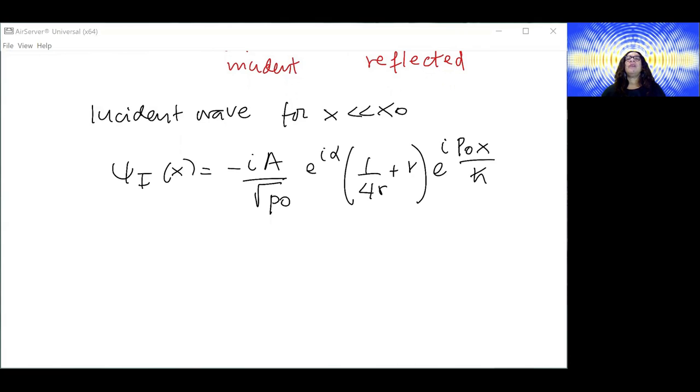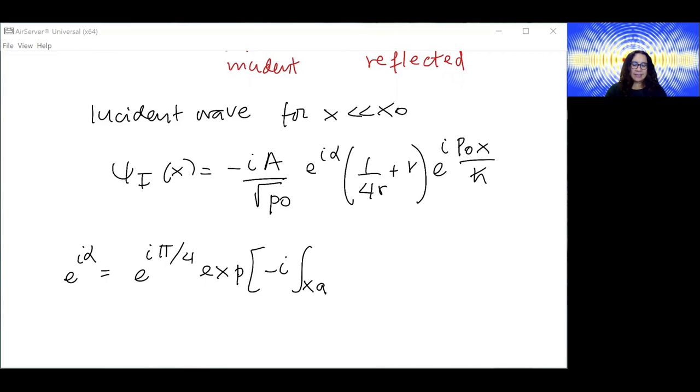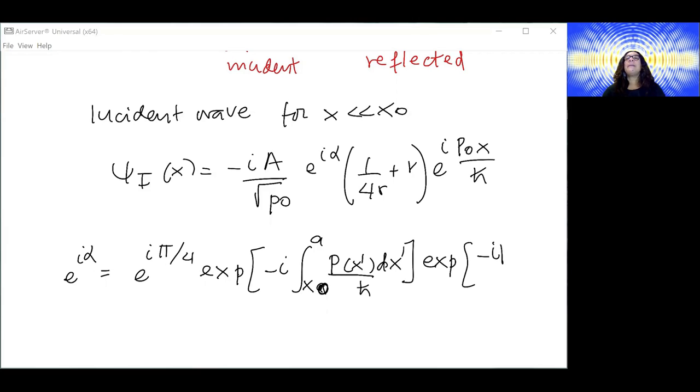Now, we just managed to group all these phases together. So we can say that e^{iα} is equal to e^{iπ/4} times the exponential of minus i times the integral from x naught to a of p(x') dx' over h bar, times the exponential of minus i p naught x naught divided by h bar.